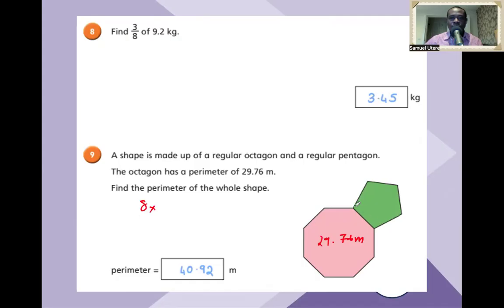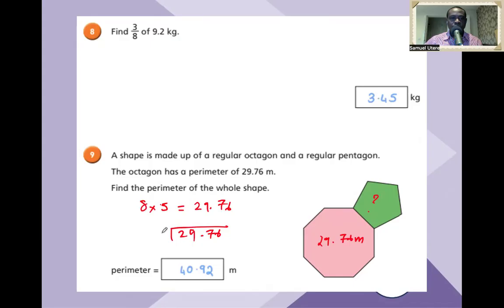If we know this side, then we know all the other sides of this shape, and then we can find the perimeter. So 8 times S, where S represents the side of the octagon, is equal to 29.76. To get this, we'll do our division.